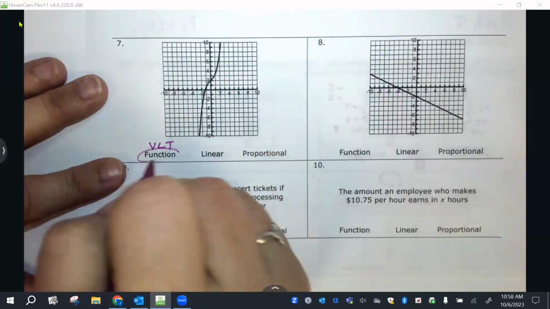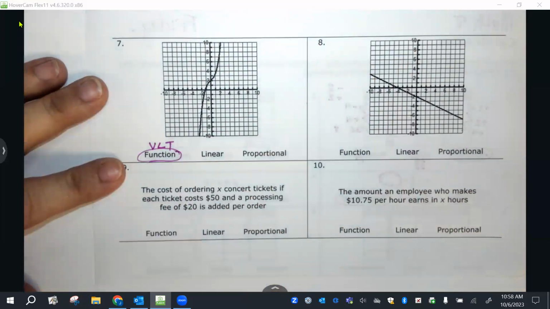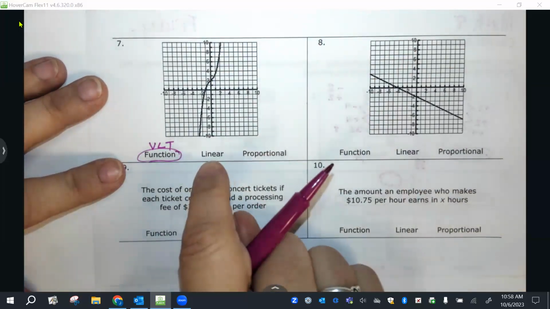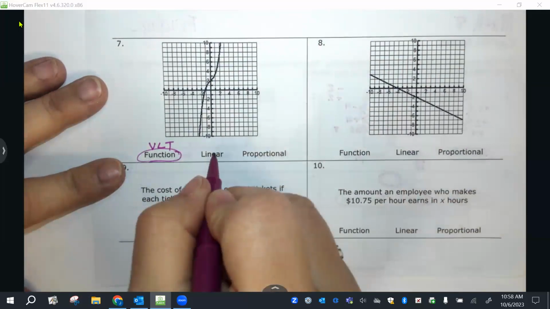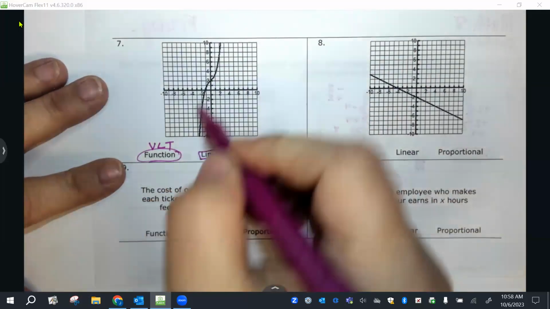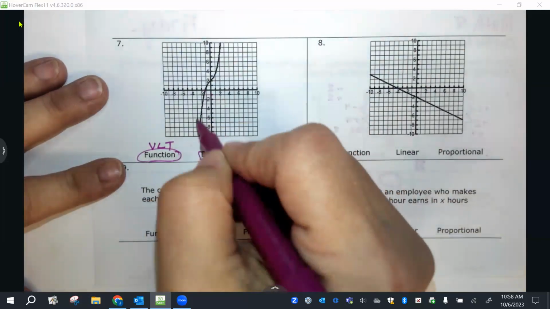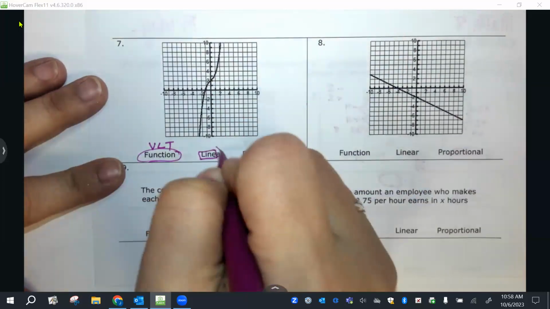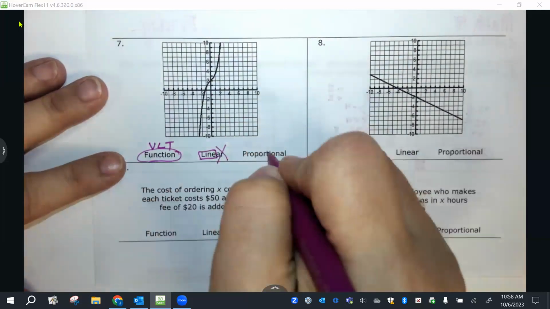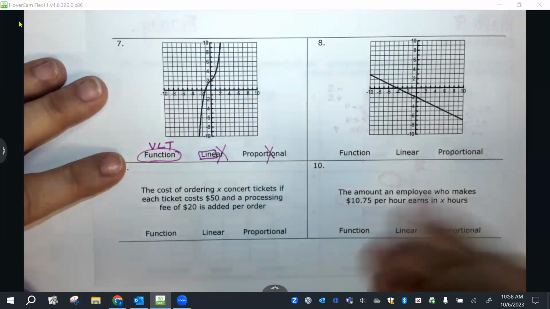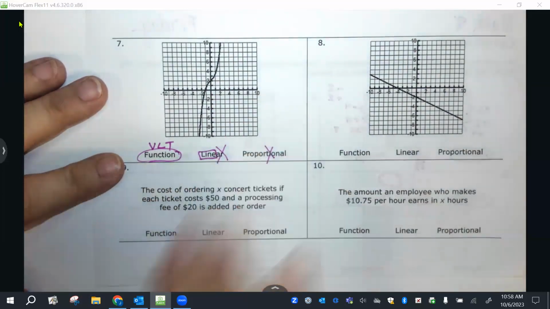So it is a function. Linear, well, linear has the word line in it. Is this black thing a straight line? No. So therefore it's not linear. So I do not even have to check if it's proportional, because if it's not linear, it's not proportional.